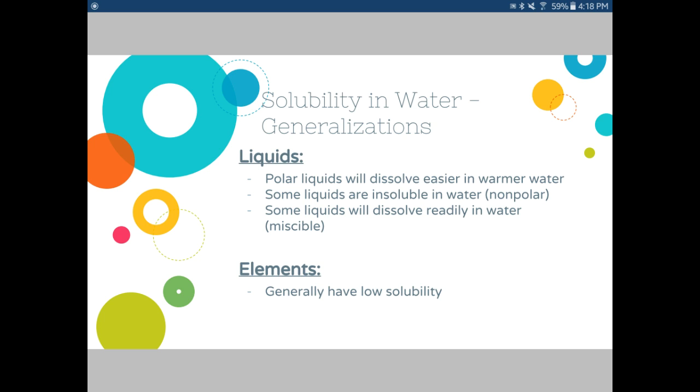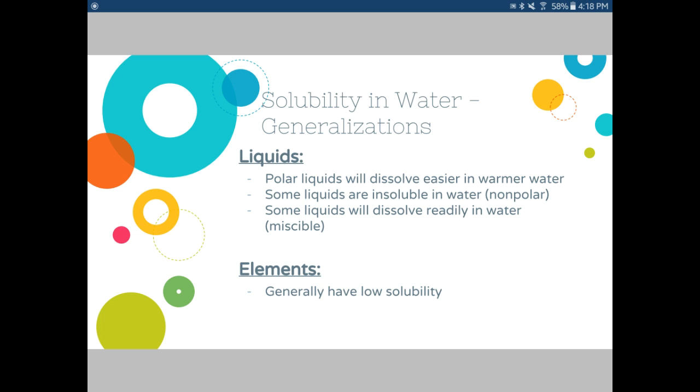I think I gave an example in a previous lesson about trying to dissolve oil in water. Oil is non-polar and water is polar, so those two things won't dissolve. And some liquids will dissolve readily in water, or in other words, there is essentially no limit to what you can dissolve in the water. It's called being miscible. It can be dissolved to any degree in water.